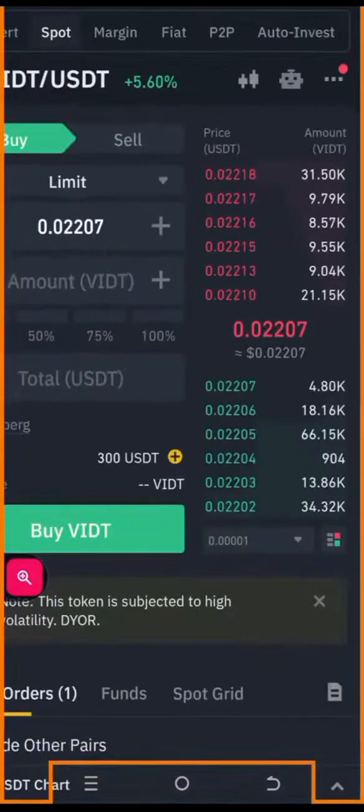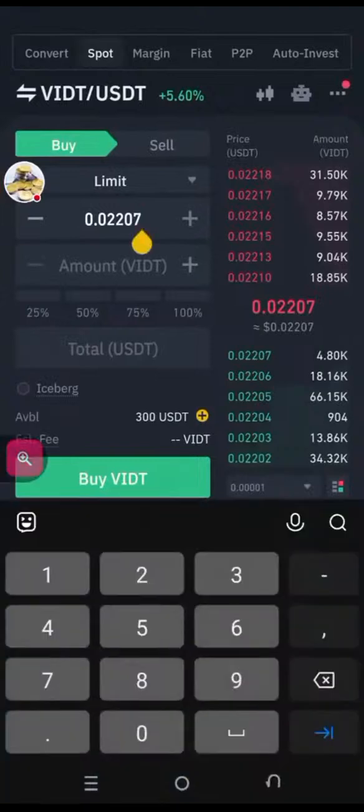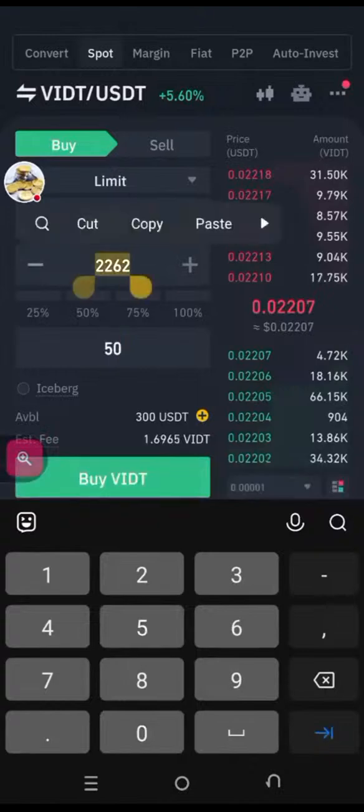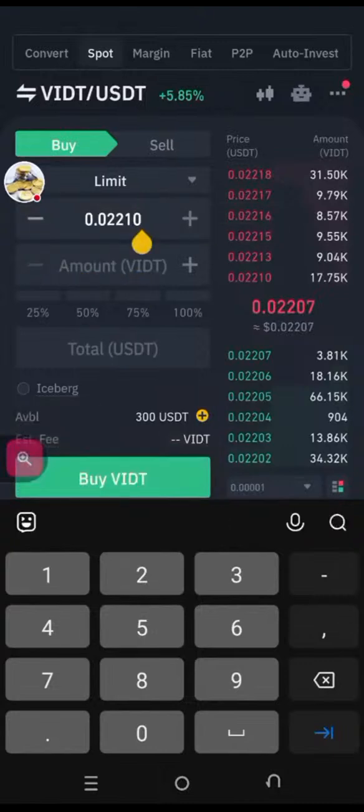2210. Okay, let's just try the simulation to see whether we'll make money. 2210. Okay, $50. 2262. So if I make this 2 or 3, somewhere in between, right?